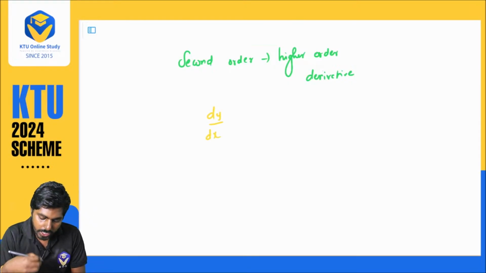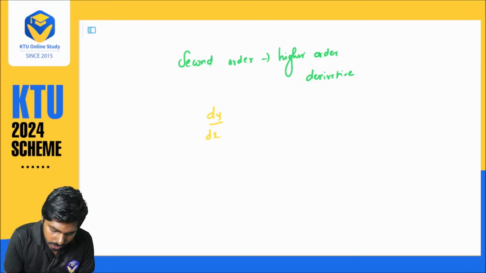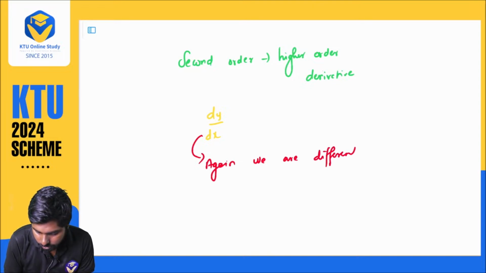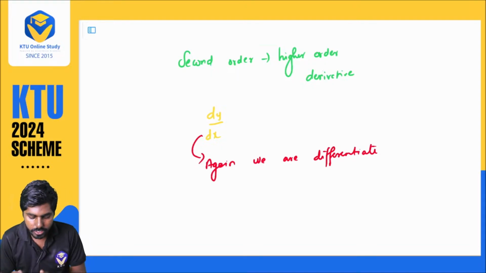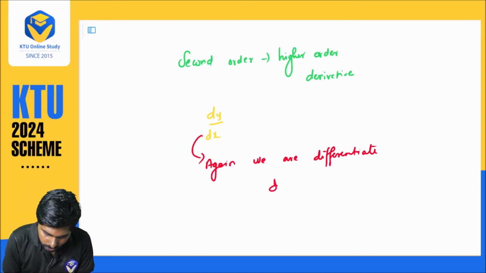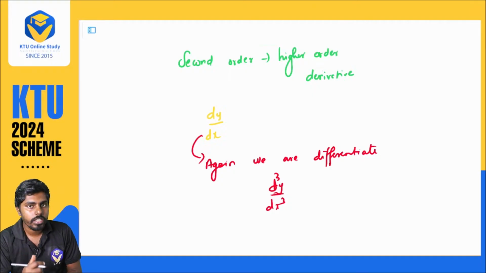Second order means the order will be increasing. Again you are differentiating. Again differentiating means it is called second order. Again and again, based on the order, if it is like d cube y by dx cube, means order is 3. That means you want to differentiate it 3 times.